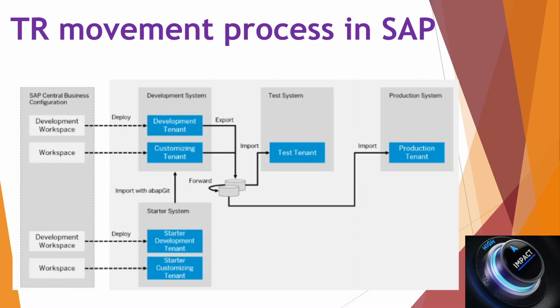Now, here if you see in this particular picture, you have development system, you have test system, and you have production system, and the changes are moving from one system to another, from another to another, and finally it is reaching the production system.